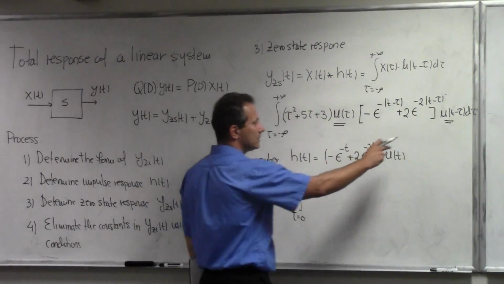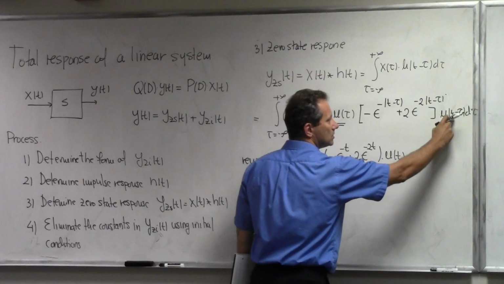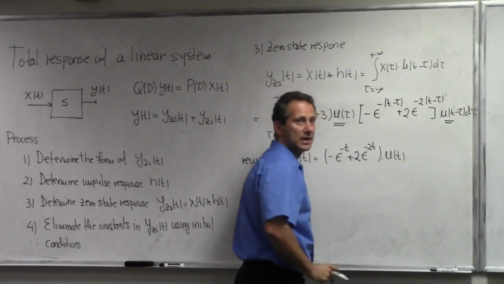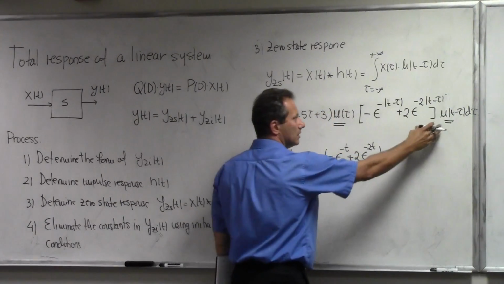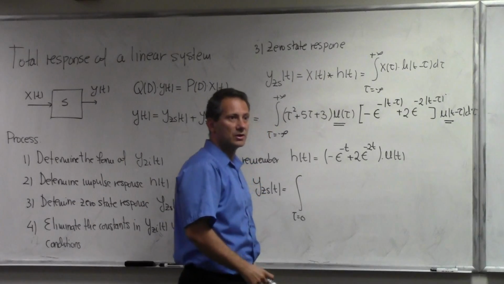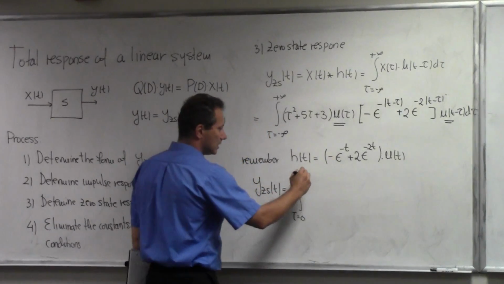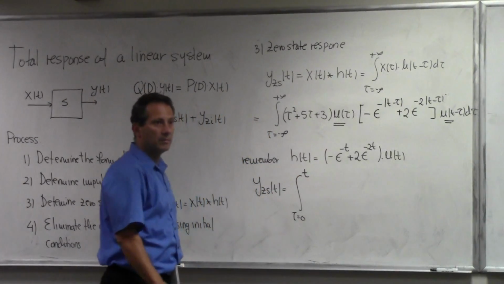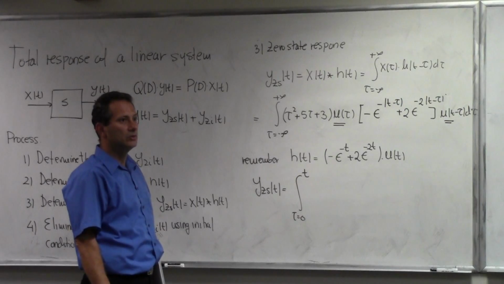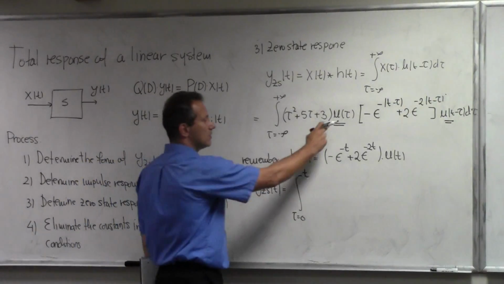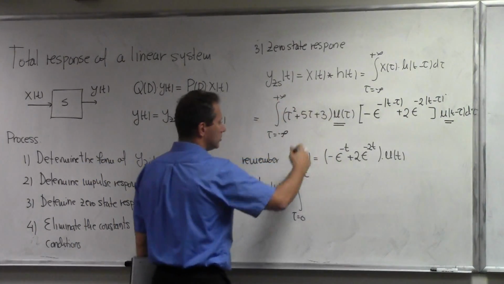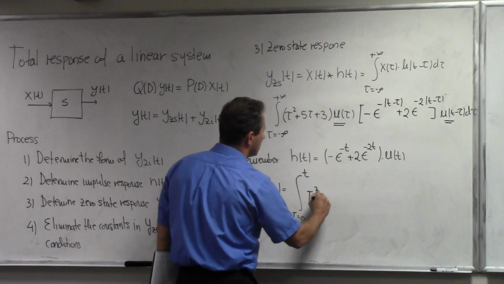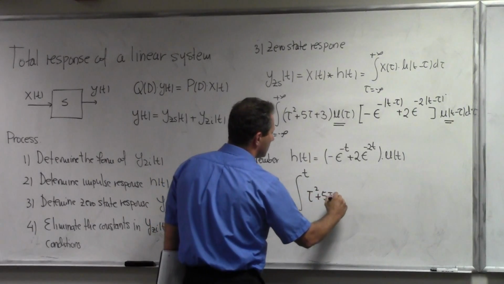Now, for tau greater than t, you can see that the argument of this becomes negative. Therefore, the subintegral function becomes 0 as well. So there's no need to integrate anywhere past tau equal to t, right? Now that this one and this one operated, you just put this in here. So it becomes tau squared plus 5 tau plus 3.